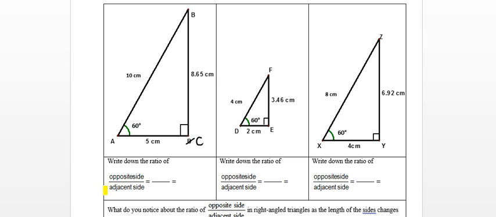But where is the opposite side and where is the adjacent? Taking a look at triangle ABC, where the angle BCA is the 90-degree angle, we will be able to label the hypotenuse AB.